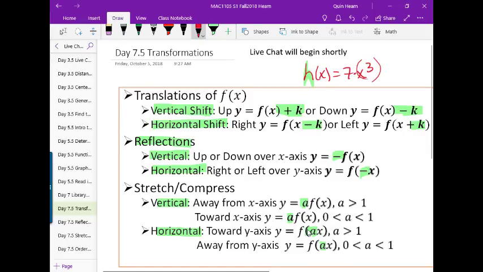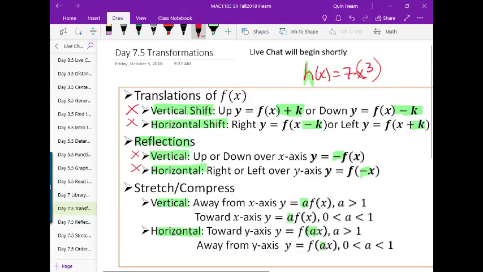We have multiplying that function by a number 7. It's on the outside and it's being multiplied. So it's not being added, it's not being subtracted. It's definitely not on the inside of the function. It's not negating, so it's not either of these.